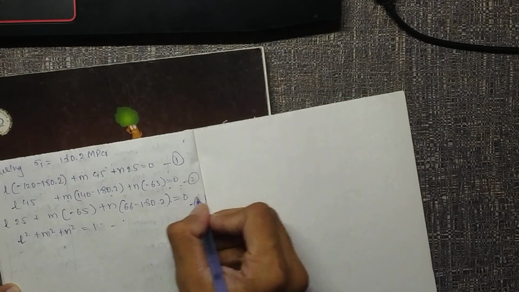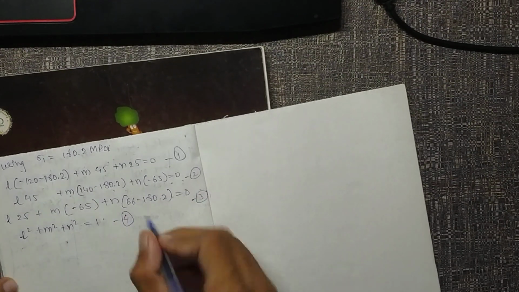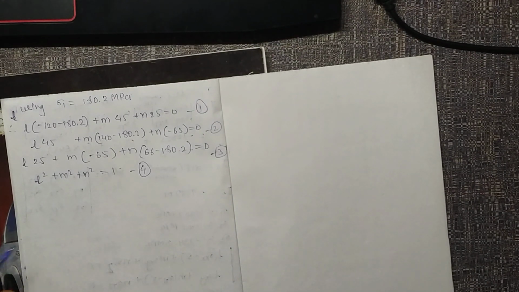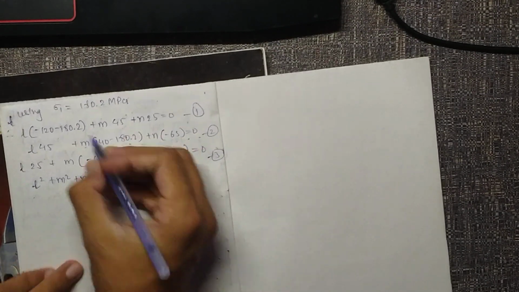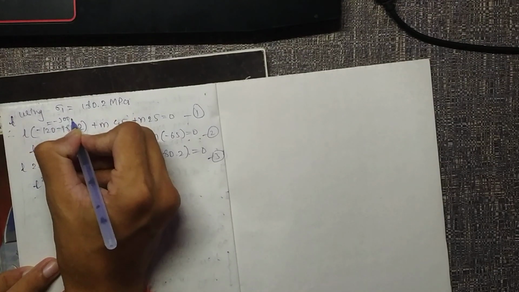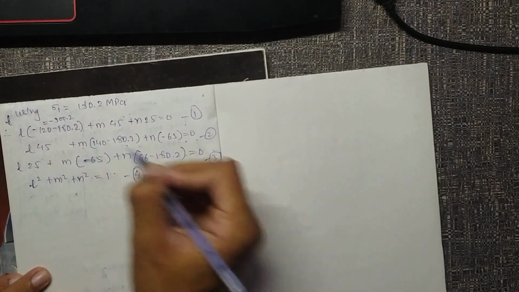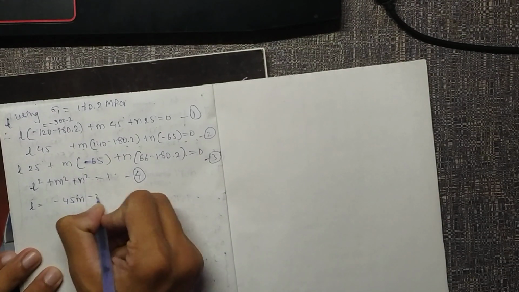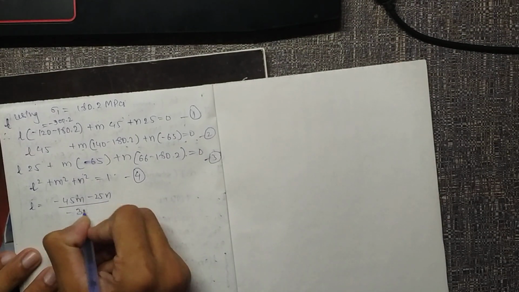This is third, this is fourth. So let's use this first one. Minus 120 minus 180.2 is equal to minus 300.2, right? So my L will be equal to minus 45m minus 25n upon minus 300.2.